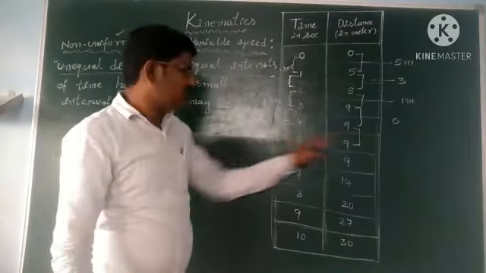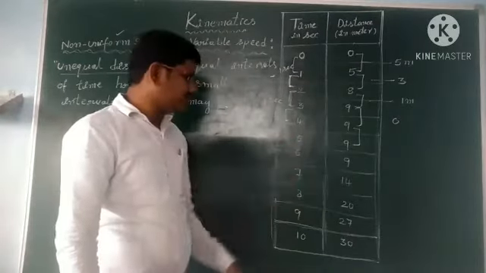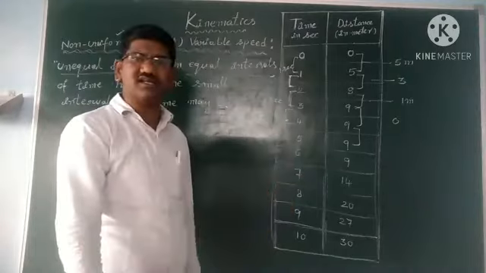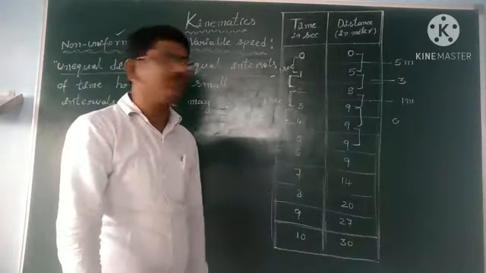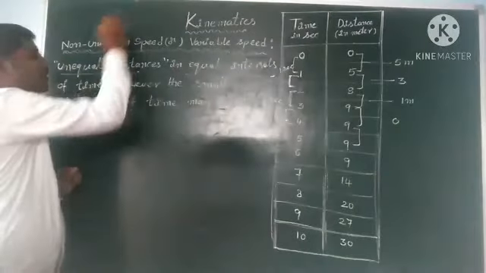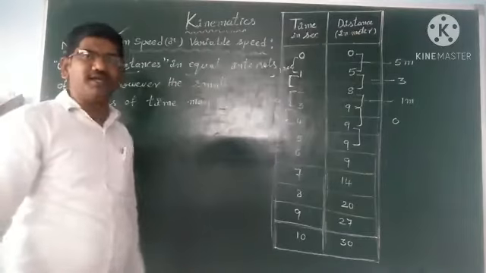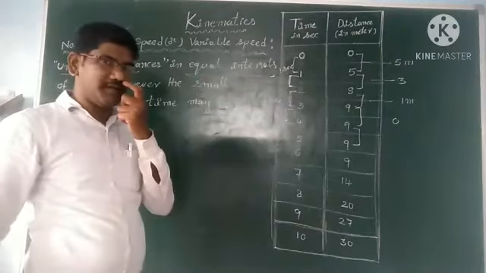And the next also it did not move, 0. So it is covering unequal distances in equal intervals of time. Then the object is said to be moving with non-uniform speed or variable speed.